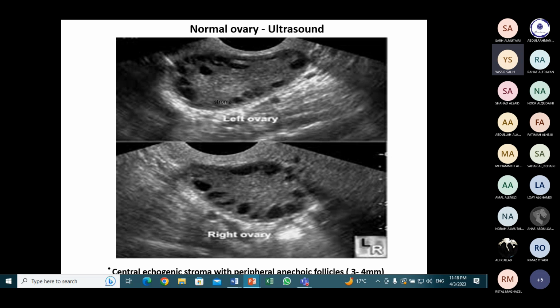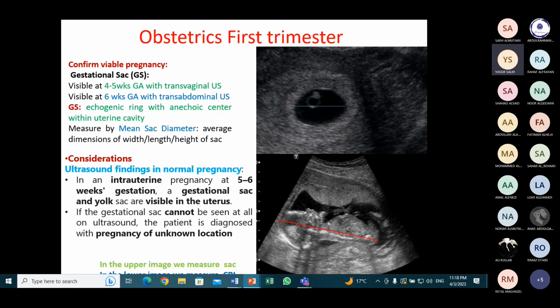3 to 4 millimeter. Okay, now we come to pregnancy. So what are the signs or what are the symptoms of pregnancy? I mean the clinical presentation of pregnancy. What does the patient complain of, or what are the symptoms of pregnancy?